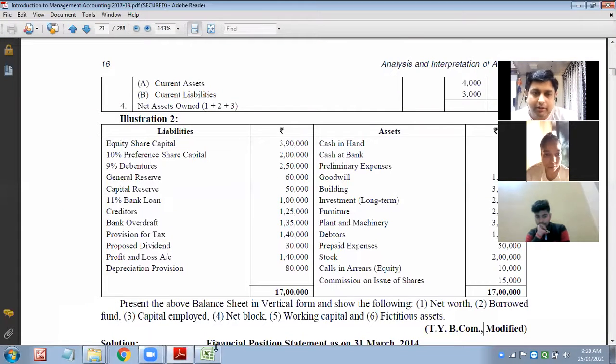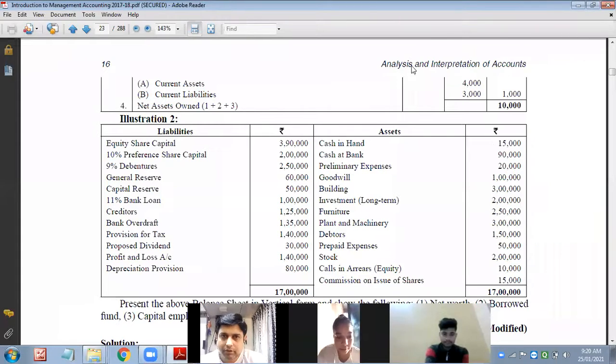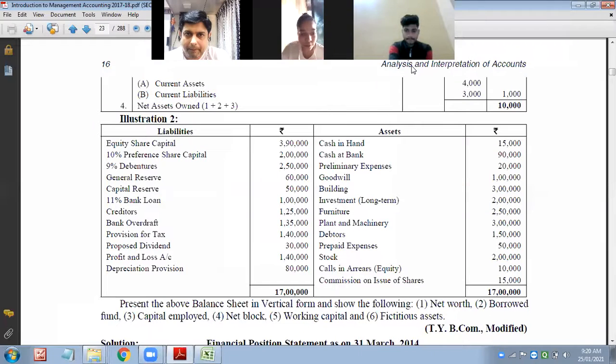Equity share capital, where to be shown? Sources of fund. Shareholders fund. Sir, in source of fund. Creditor side and debitor side will not be there in the vertical statement at all.